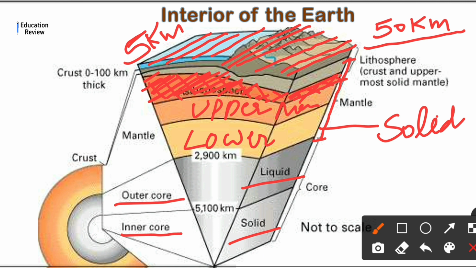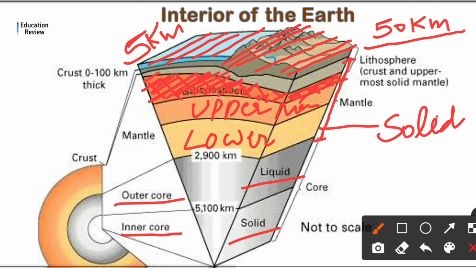As we know, the crust, or uppermost layer of the earth, is in solid form. There are two types of crust, or we can say the crust is divided into two types: continental crust and oceanic crust. Why is the oceanic crust below the continental crust?